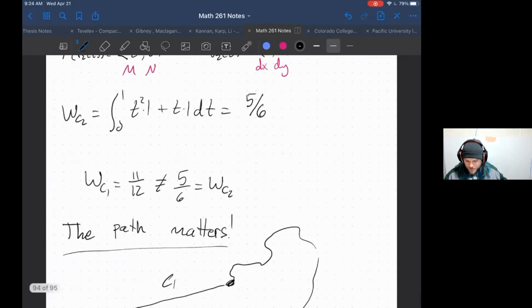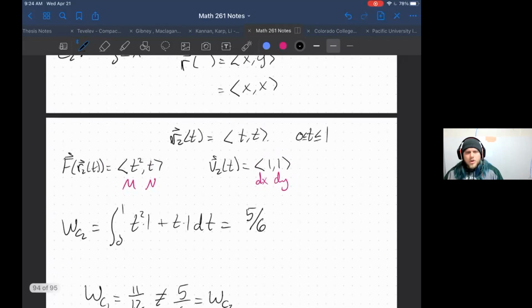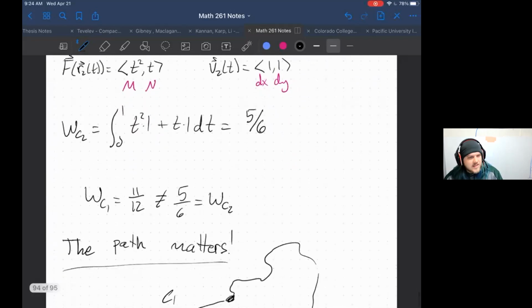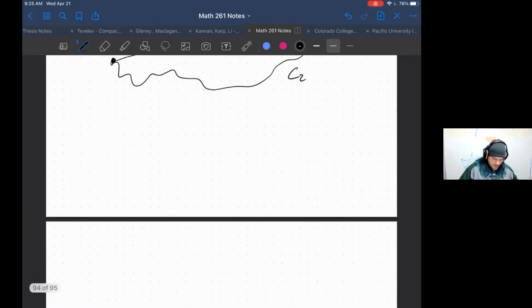I guess before we move on, are there any questions about actually computing this work or going through this example up here? Okay, if there is, again, type it in chat. I'm gonna keep going for now.